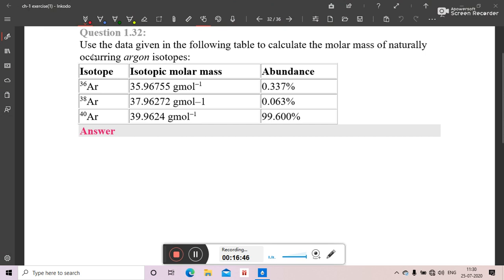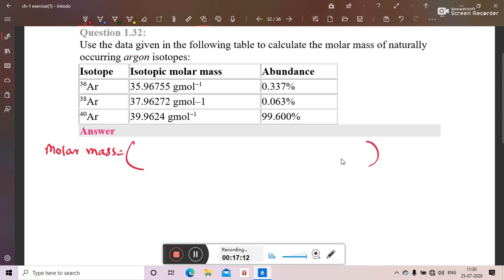Number 32 is, use the data given in the following table to calculate the molar mass of naturally occurring argon isotopes. So 3 isotopes of argon are there. From this we have to find out the molar mass of argon. So we have to use the same equation which we use in average atomic mass. So the molar mass of argon will be the average of these 3.